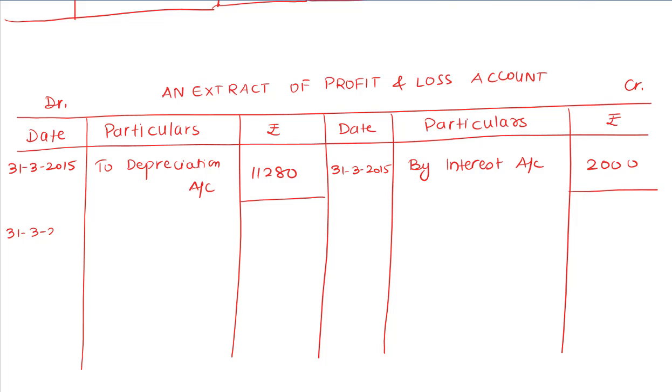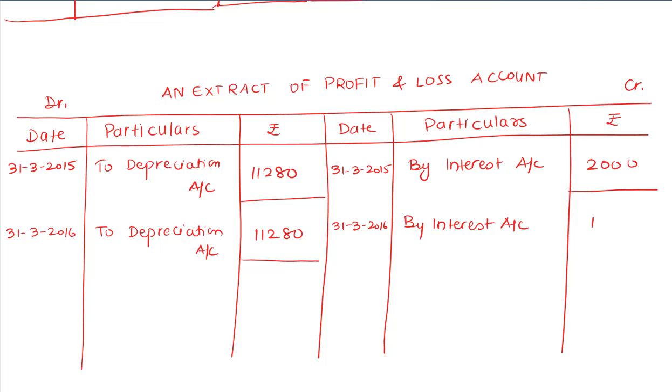Next is 31st March 2016, to depreciation account 11,280. 31st March 2016, by interest account 1,536.